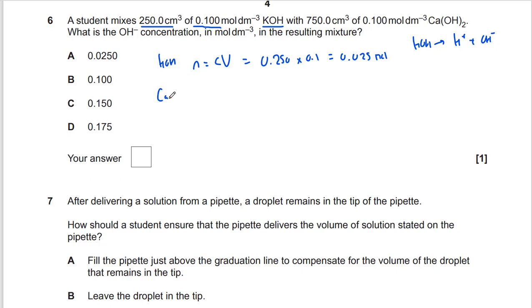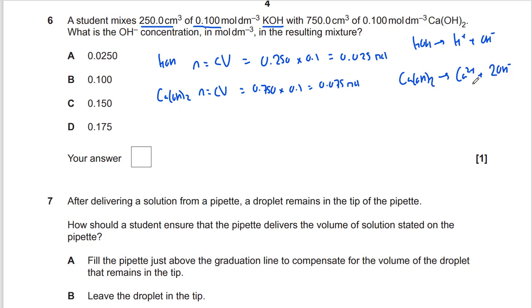For Ca(OH)2, the number of moles is concentration times volume. And this time it's 0.750 times 0.1, which is 0.075. That's the number of moles of calcium hydroxide. Now, when calcium hydroxide dissociates, it goes to Ca2+ and 2 OH-.